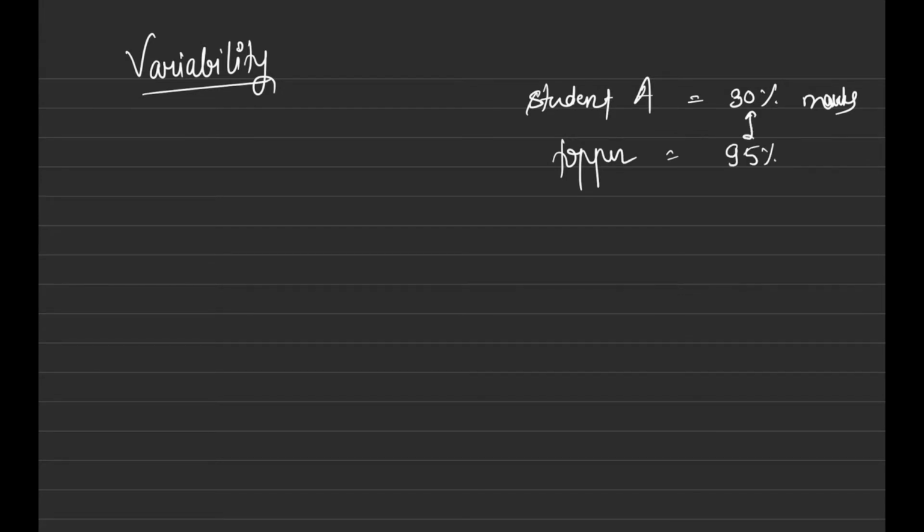Now let's say in your class, student A got 30% marks, and the topper got 95% marks. We'll see that the gap is huge.